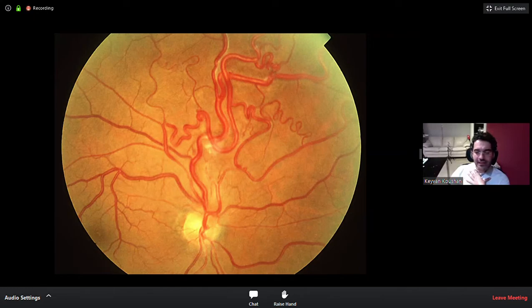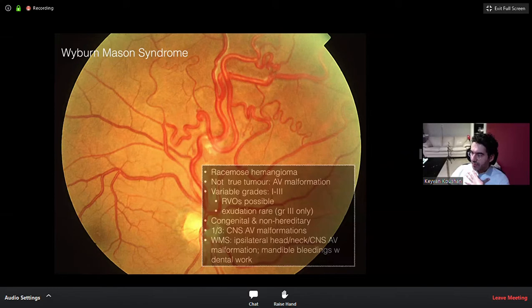And this is part of Wyburn-Mason syndrome. When you have a racemose hemangioma, it's not a true tumor. This is an AV malformation. You can grade it, if you want to be very academic, grade 1 to 3. They can have RVOs and exudation, but it's rare. This is a fairly benign lesion, and a lot of times it gets discovered later on.